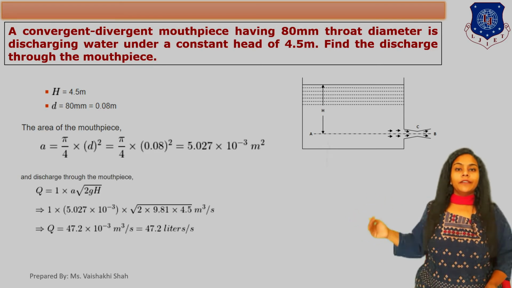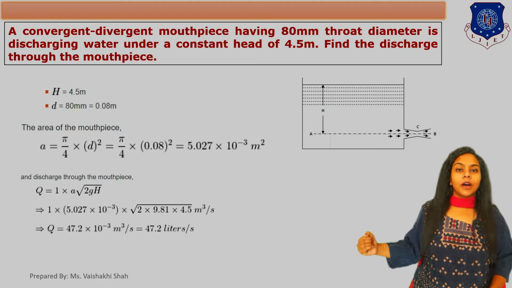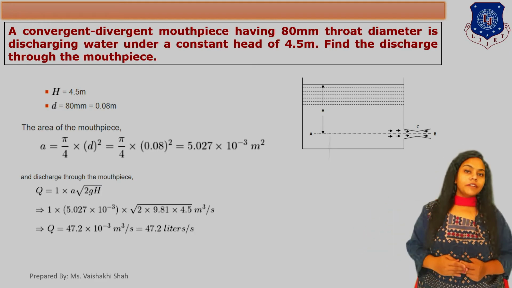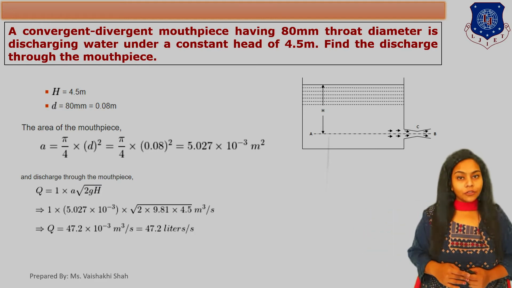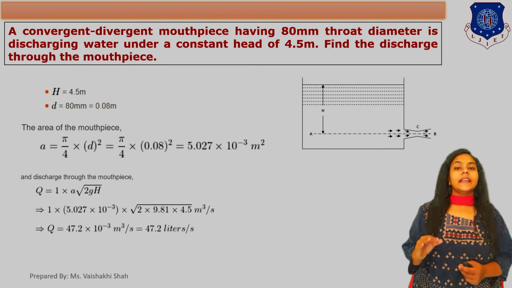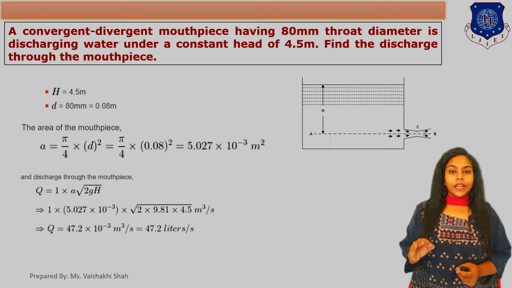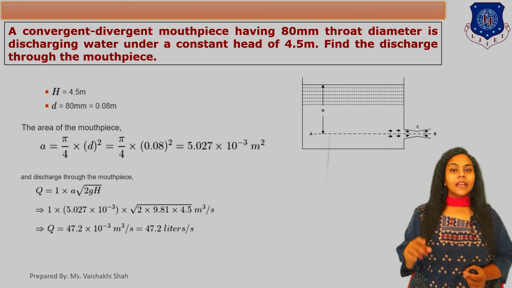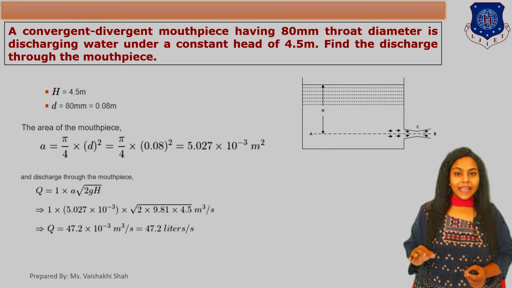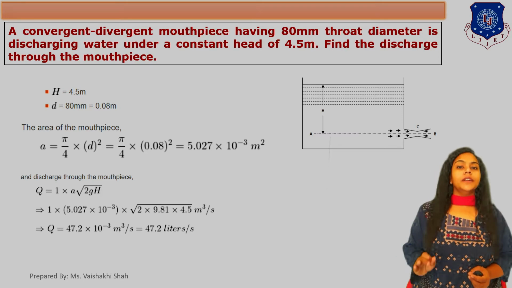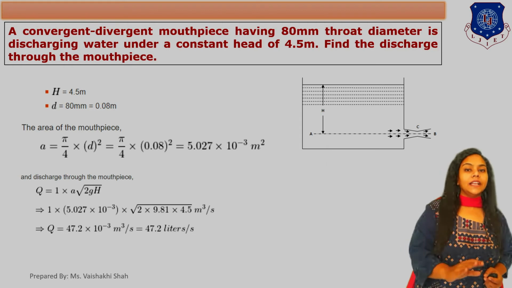Now we have to find out discharge through the mouthpiece, and we know the equation for discharge through the mouthpiece. Discharge is indicated as Q equals CD into A into under root 2gH.